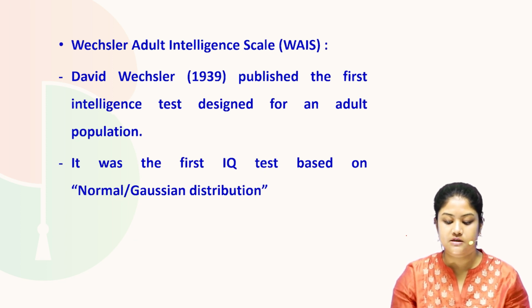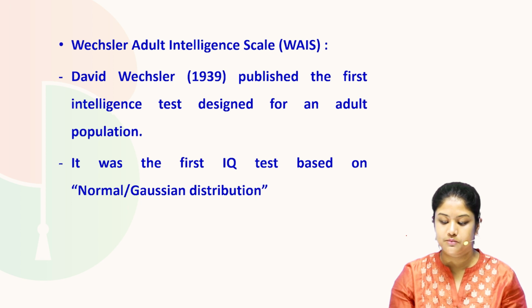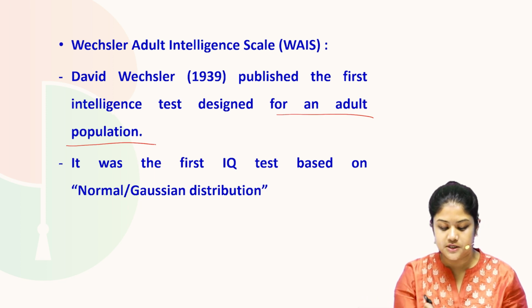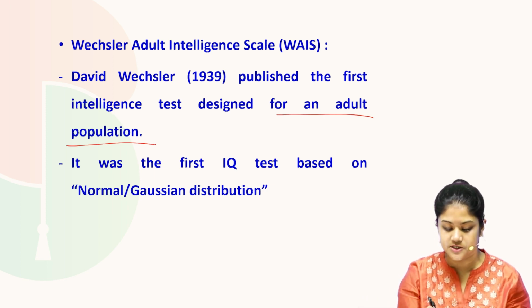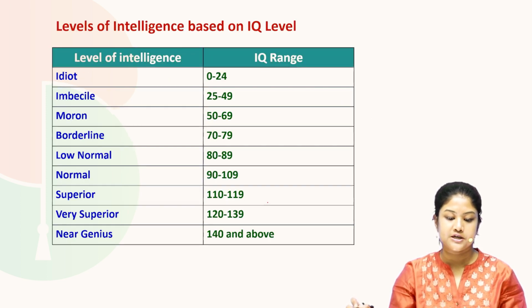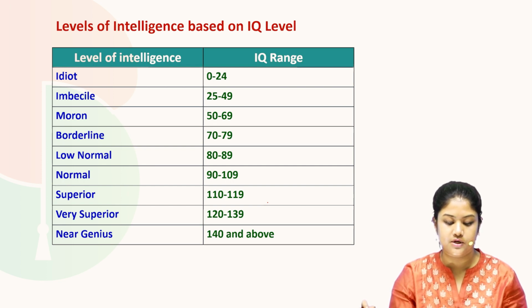Wechsler's Adult Intelligence Scale, WAIS: David Wechsler published the first intelligence test designed for an adult population, and it was the first IQ test based on normal or Gaussian distribution. The classification of IQ that we need to know is levels of intelligence based on IQ level.